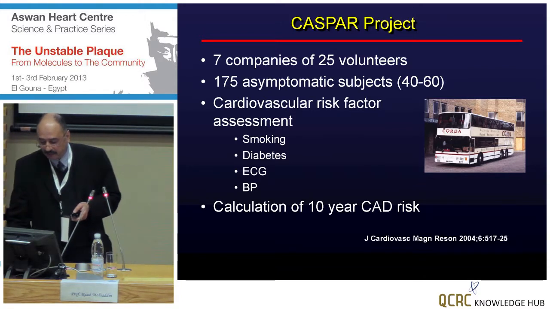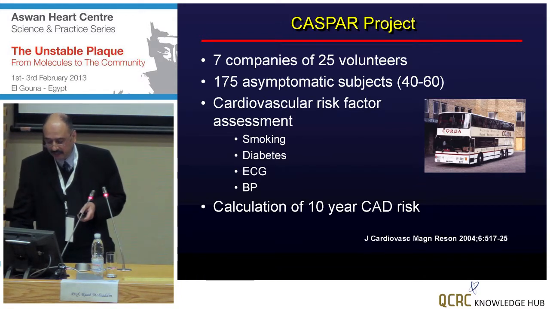Now, this is one of the very first mobile scanners, done with a house-built magnet put in a second-hand double-decker bus. At that time it was state-of-the-art, to look at our arterial wall in the community. We studied 175 asymptomatic subjects from 7 companies who volunteered for the scan, and assessed the risk factors in the traditional way.